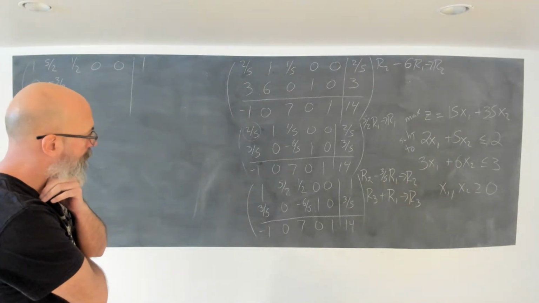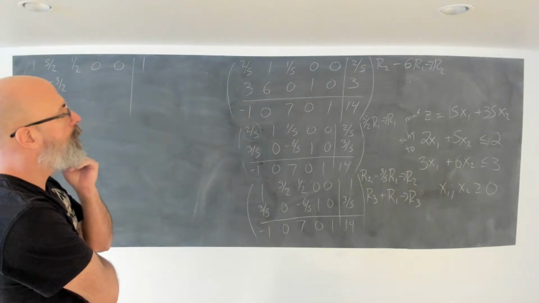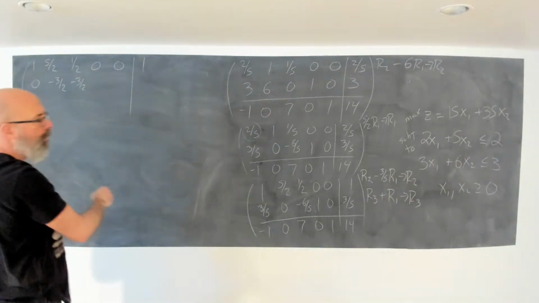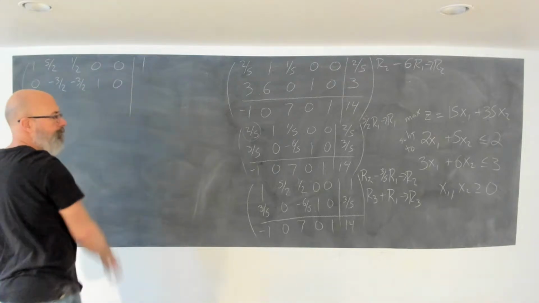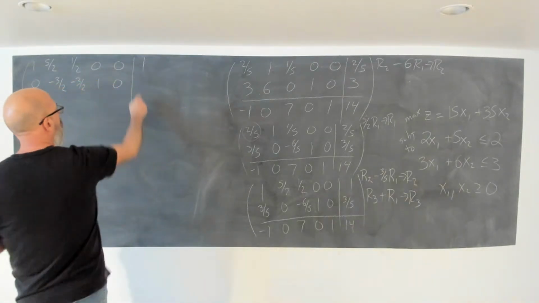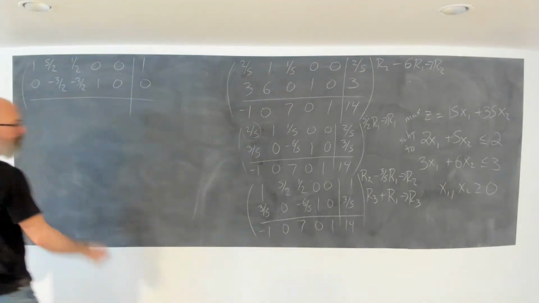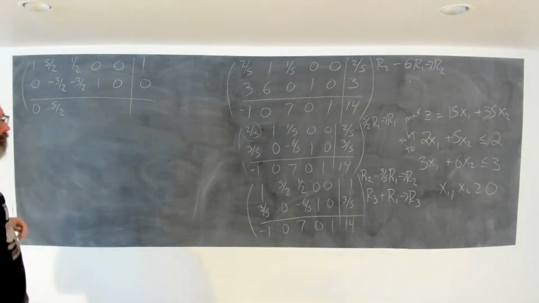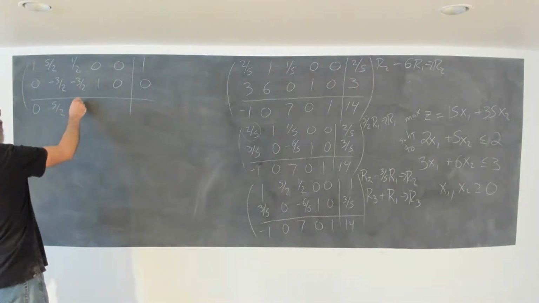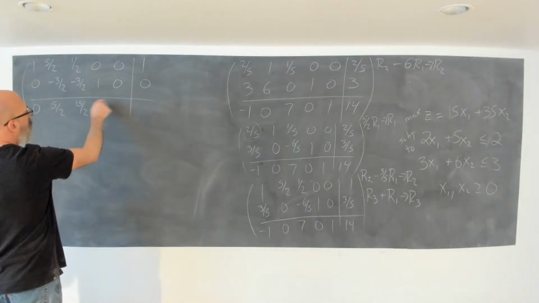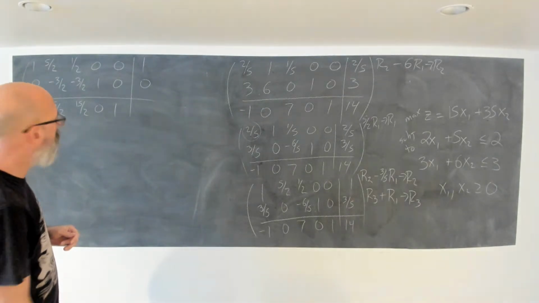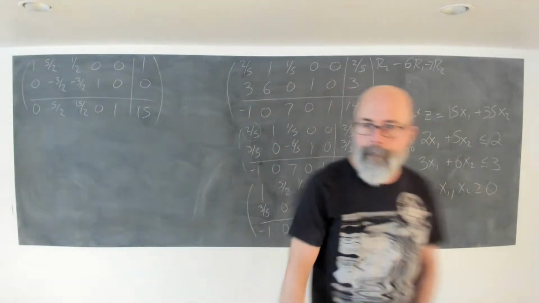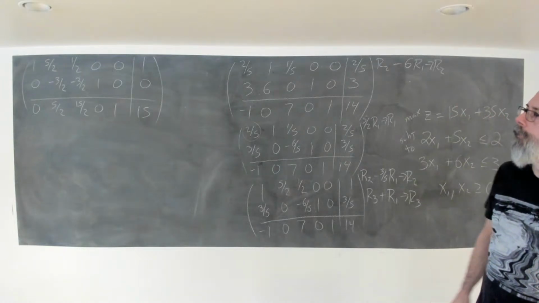Minus 15 over 10, or minus 3 over 2. Does anybody have that? Is that correct?